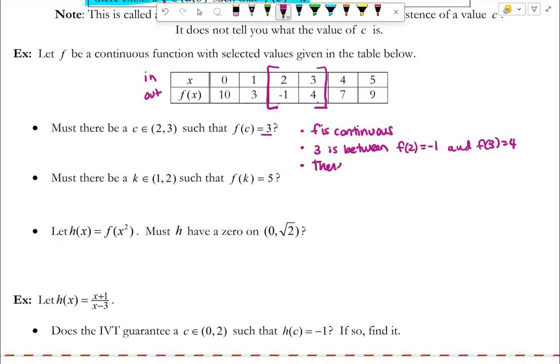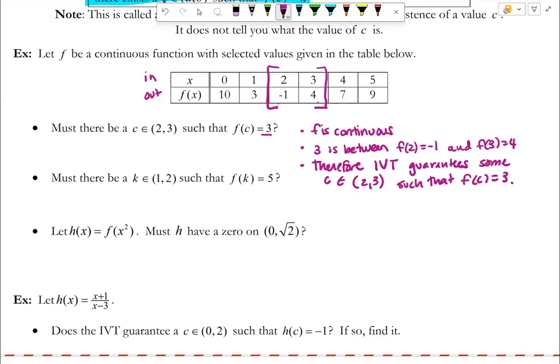Therefore, the intermediate value theorem guarantees some c on the interval from 2 to 3 such that f of c is equal to 3.